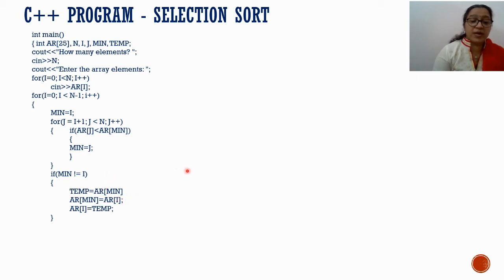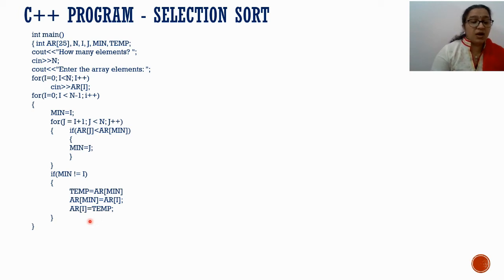So AR of min, that smallest element, is moving to the temporary variable now. Then in the AR of min position, we copy the AR of i value, that means the 0th value. So we are shifting here. Then the value we already copied into the temporary, we copy to AR of i. So this is the way of swapping.